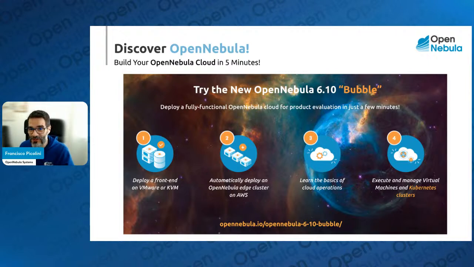Hopefully, we will have a new version by April, if I'm not mistaken. I'm not going to put any pressure on the technical team. Right now we have 6.10, and I suggest you check the 1VM page where you can deploy an OpenNebula cloud in less than 5 minutes. Especially if you're using AWS or any other hyperscaler, it's super simple to deploy a cloud infrastructure.